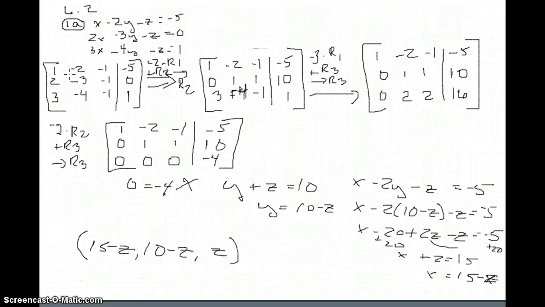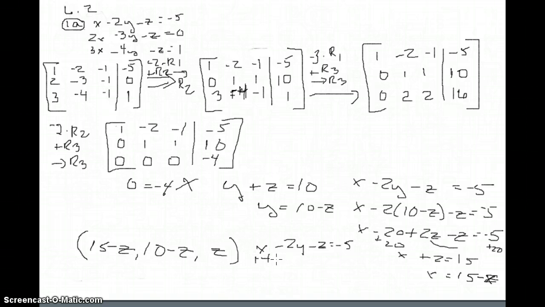So look at the first equation at the top up here. 14, which is my x. x minus 2y minus z equals negative 5. So I take, this is a 1, my y is 9, and my x is 14.